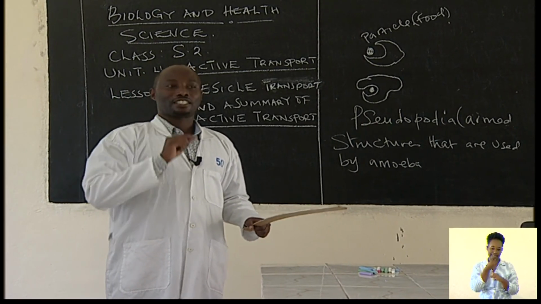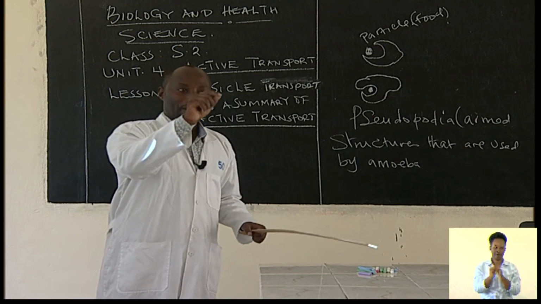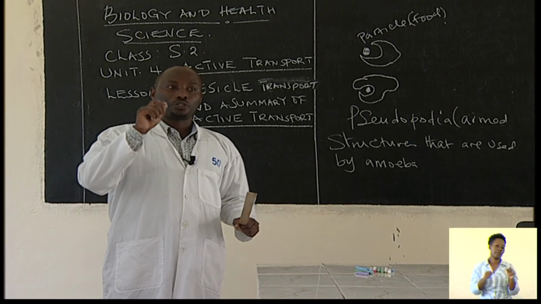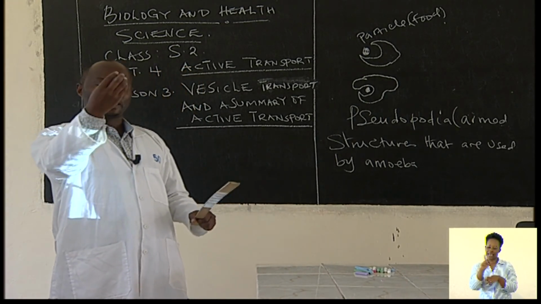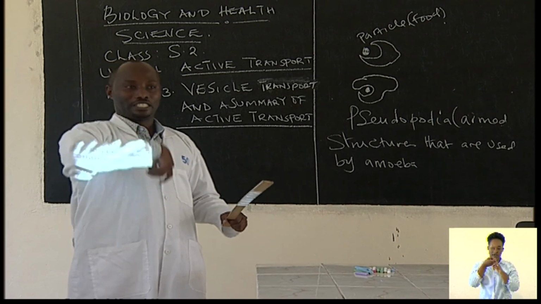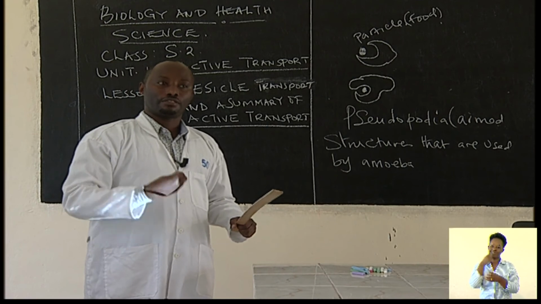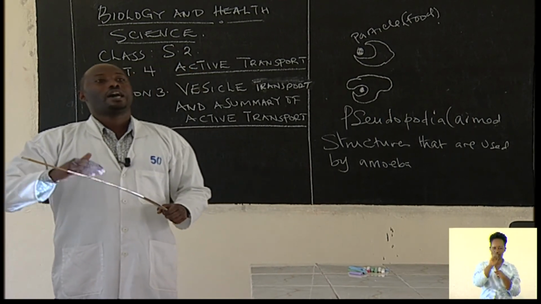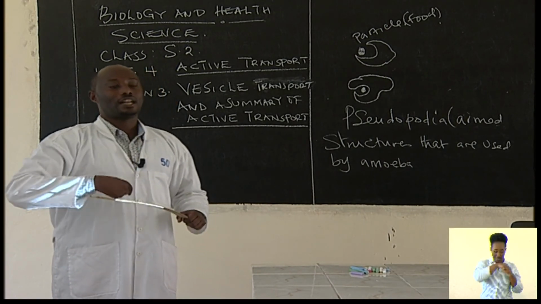We gave examples of phagocytosis: amoeba, white blood cells. Then we talked about pinocytosis, cell drinking of fluid substances from outside to inside the cell, because the cell needs those fluids in order to survive. And we talked about exocytosis, removing substances from inside the cell to the outside.